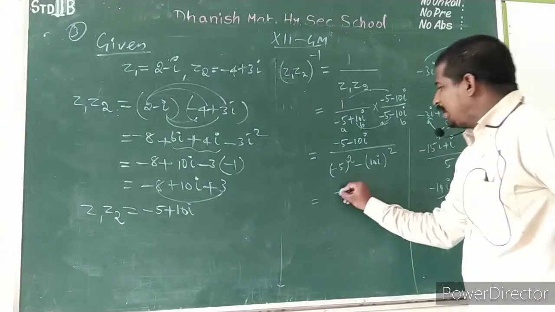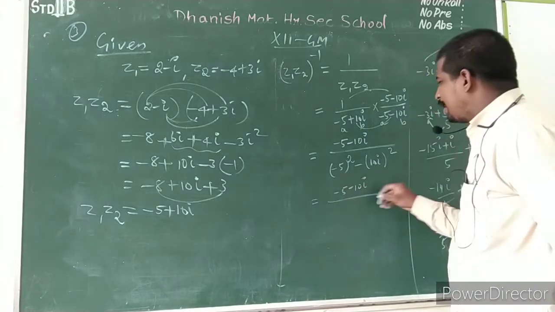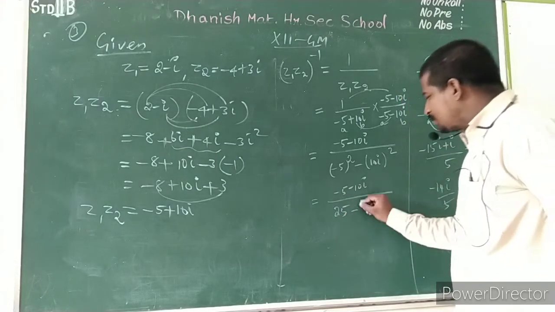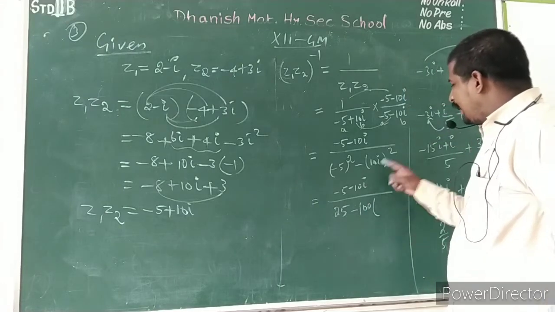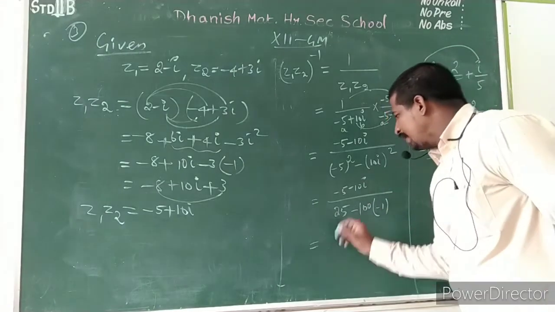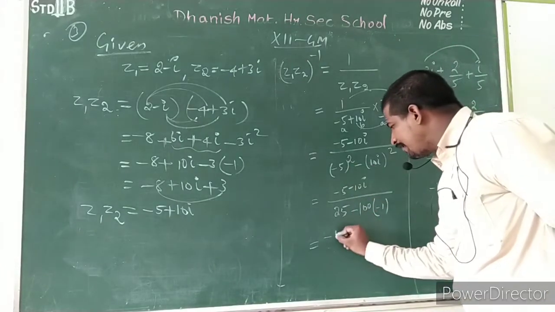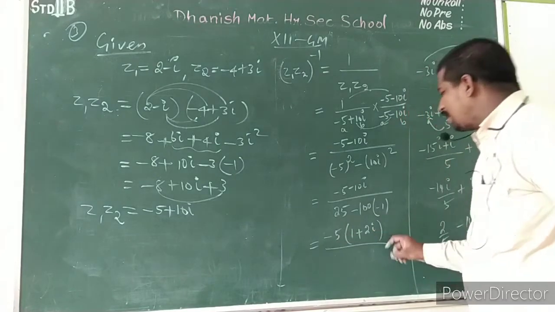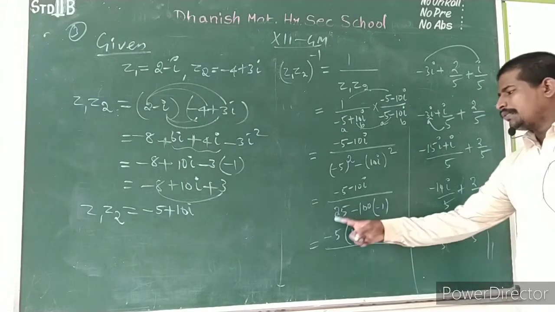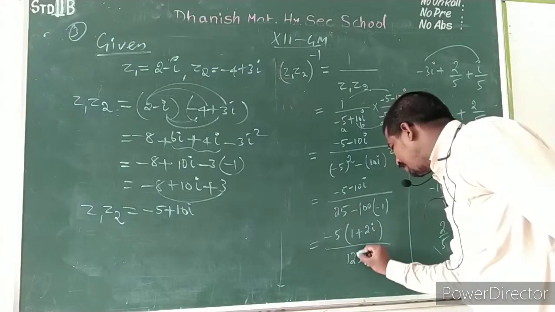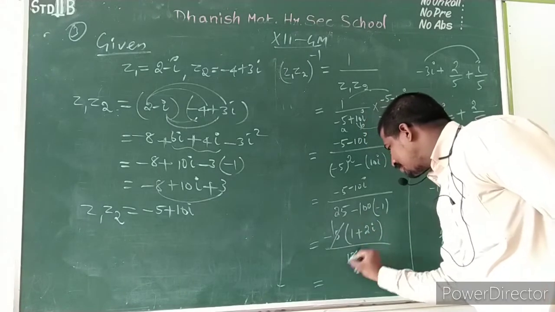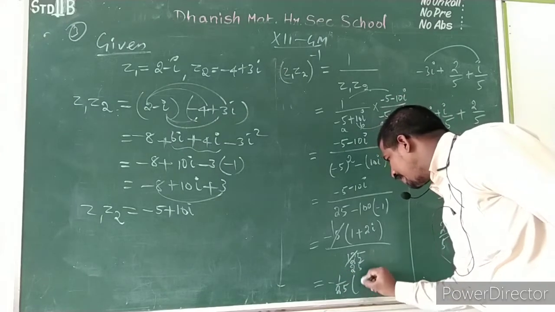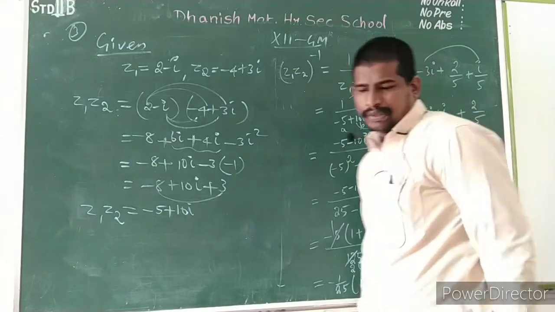Now minus 5 minus 10i divided by minus 5 whole square is 25 minus 10 square is 100 into i square is minus 1. So now from the numerator we can take minus 5 as a common factor. So 1 plus 2i divided by, here we'll have minus into minus plus, so 25 plus 100, that is 125. Now 1 times, 2 times, 5 times. So minus 1 by 25 into 1 plus 2i is the required answer.